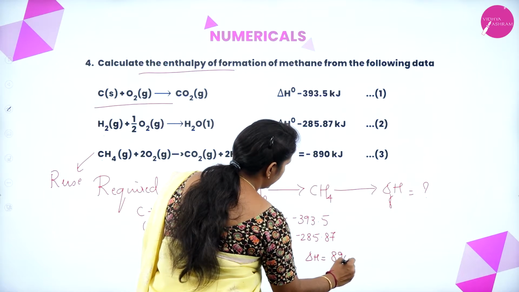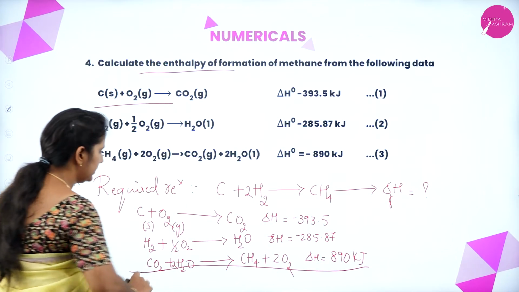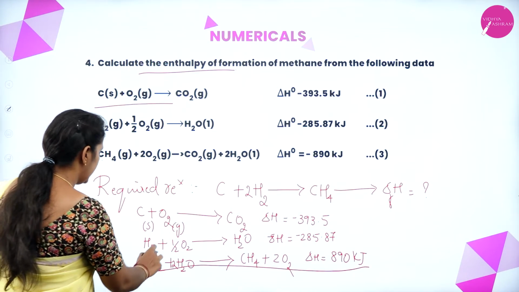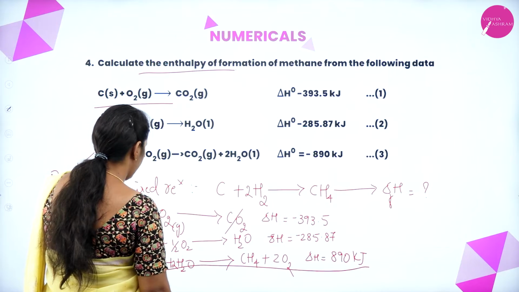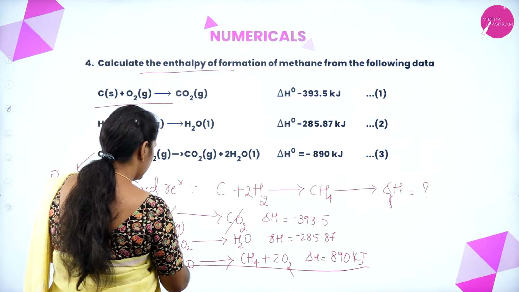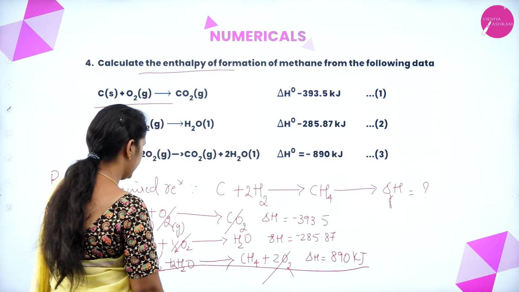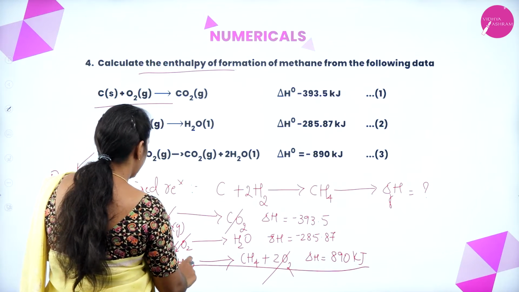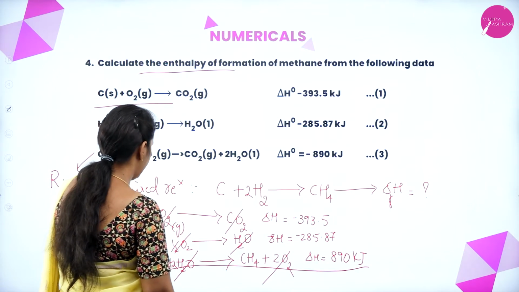It is 890 kilojoules. Now, if you sum up all the three equations, carbon dioxide will get cancelled. Similarly, the oxygen molecules will get cancelled out, and the water molecules will get cancelled.